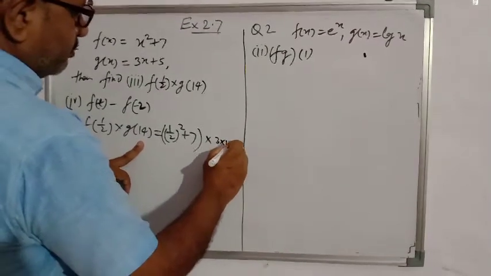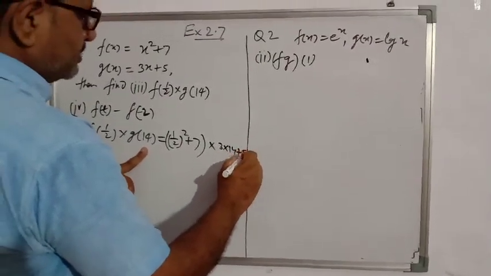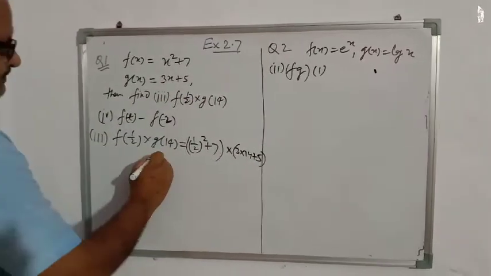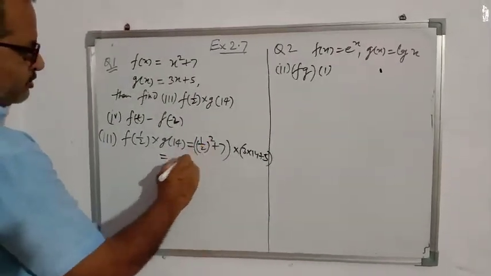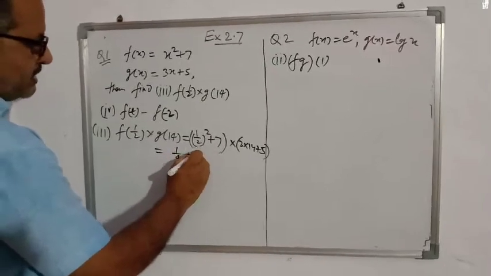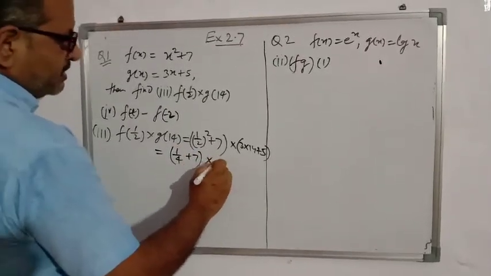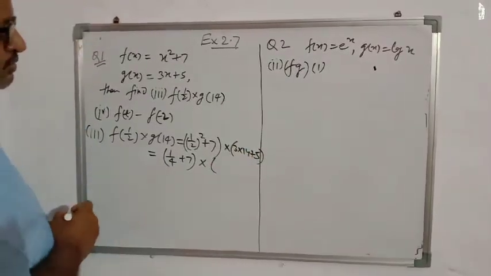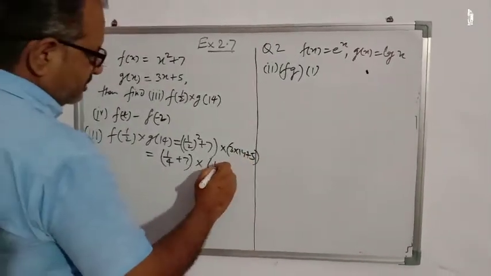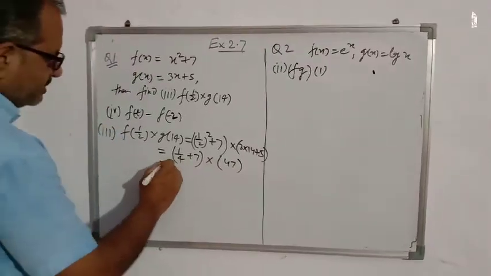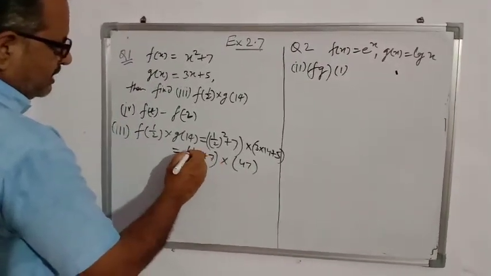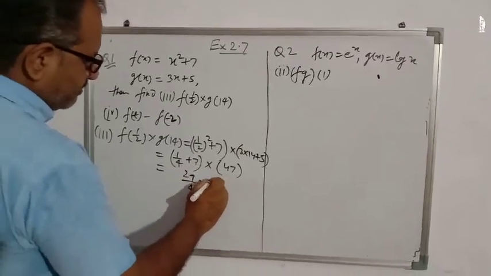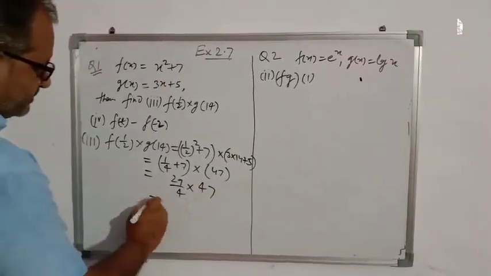So 3 into 14 plus 5. Simplify it. (1 by 2) whole square, 1 by 4, plus 7. 14 into 3, 42, plus 5, 47. Add it. 4 sevens are 28 plus 1, 29 by 4, multiplied by 47.